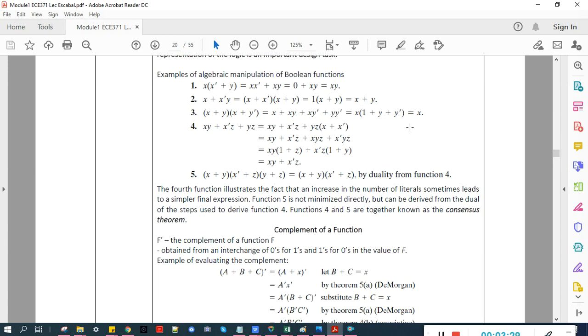So the result is x ANDed with 1, and any quantity OR 1 is just equal to 1. So the final, most simplified answer is x. So (x + y) ANDed with (x + y') is just equal to x.